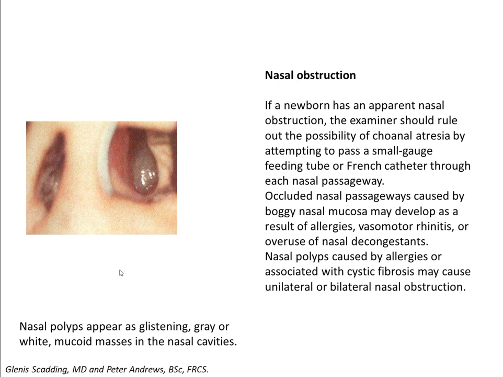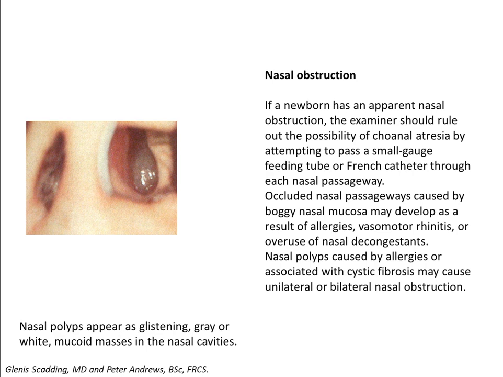Here on the picture you can see nasal polyps, gray or white mucoid masses, so their appearance in nasal cavities. If a newborn has an apparent nasal obstruction, the examiner should rule out the possibility of choanal atresia by attempting to pass a small gauge feeding tube, or French catheter through each nasal passageway.